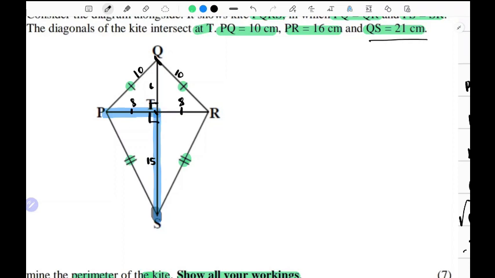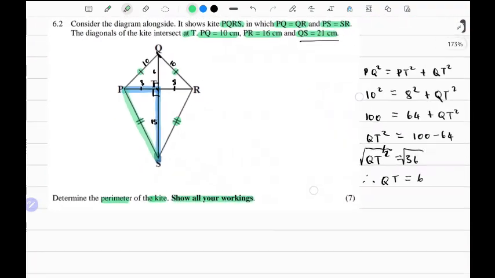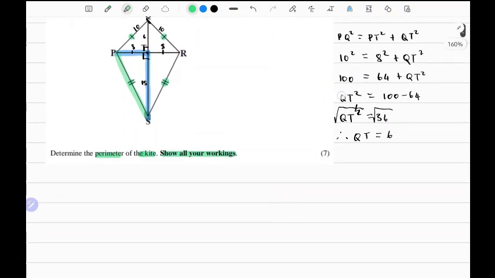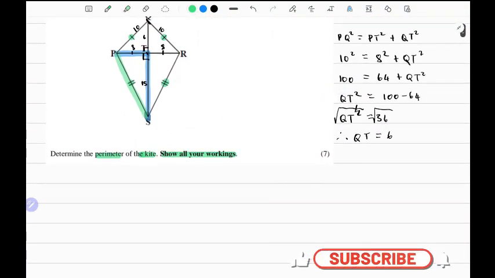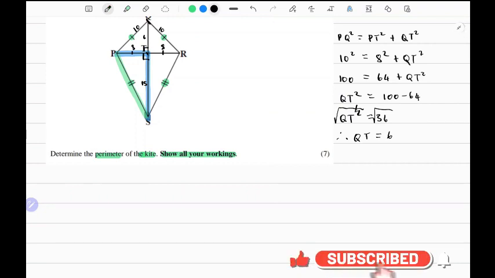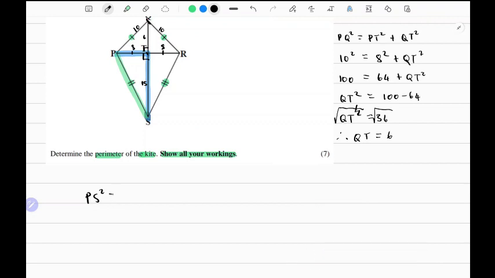So the unknown for the given case would be the hypotenuse, the longest side for the given triangle PTS. So we need to find PS. So let's apply Pythagoras theorem once more. So we can say PS squared is equal to PT squared plus TS squared.